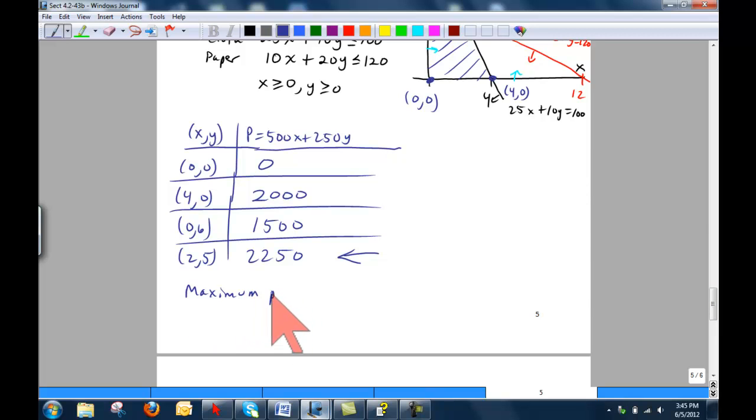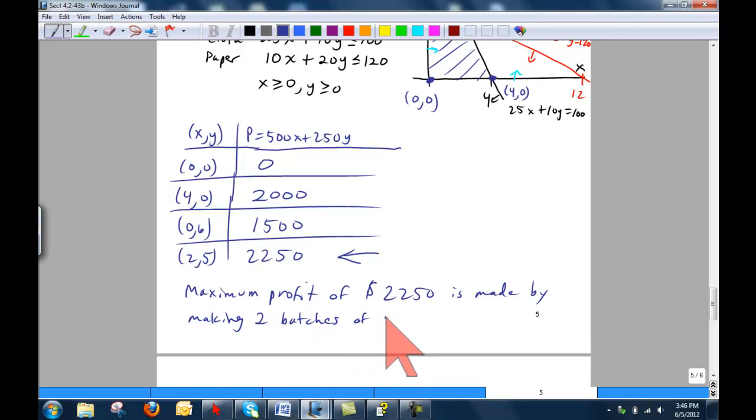The maximum profit of $2,250 is made by making, and X was 2, and X was the number of batches of grade A paper, so making 2 batches of grade A, and Y was 5, that was the number of batches of grade B. And conclusion, that's the final answer to the question.